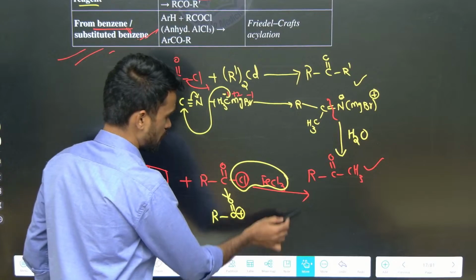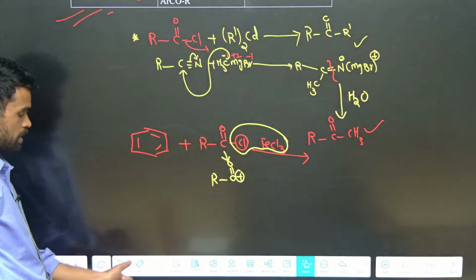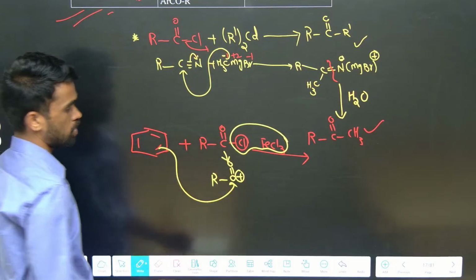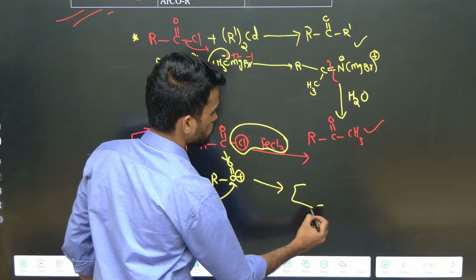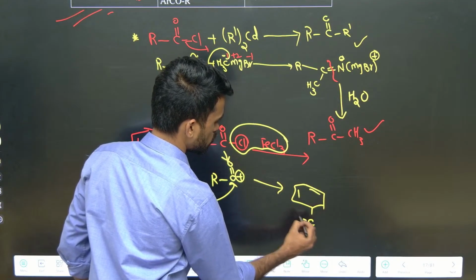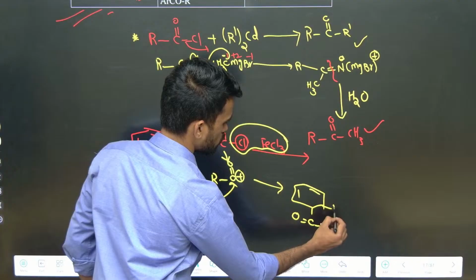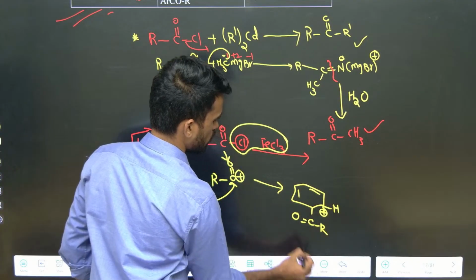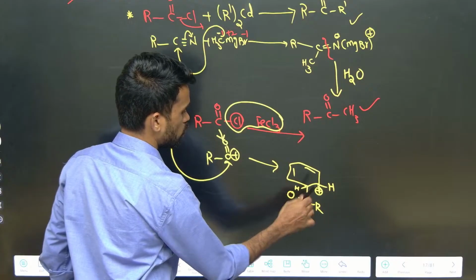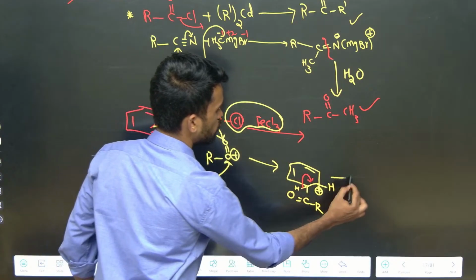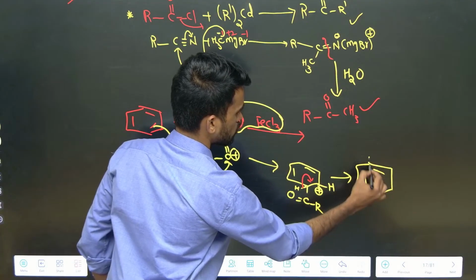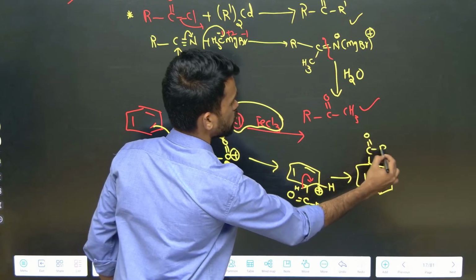This acyl carbocation is an electrophile, so it will be attacked by the benzene pi electrons to give you a sigma complex, a carbocation like this. After deprotonation we get a ketone now.